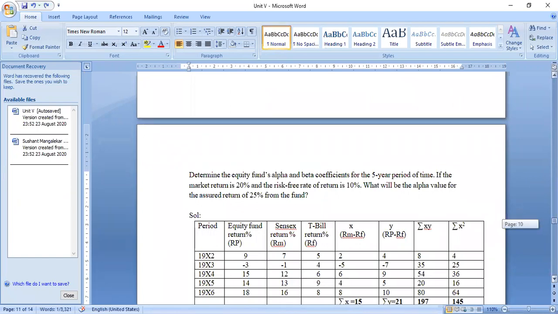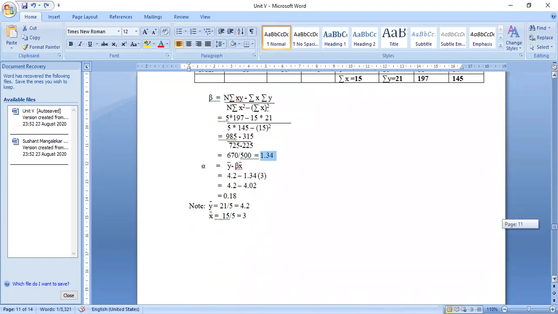To calculate alpha we need the value of beta. Why? Because as per the formula, alpha is equal to y bar, the mean value of y, minus beta into x bar, the mean value of x.